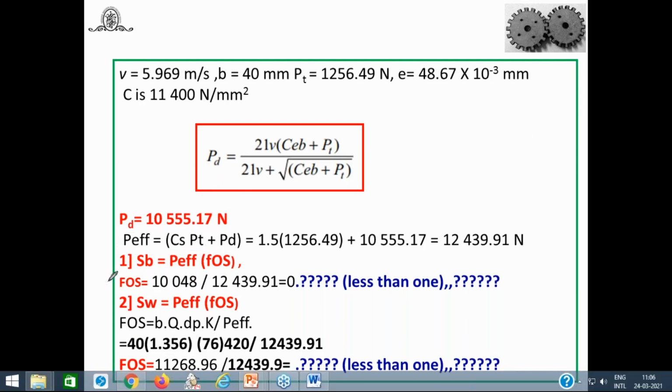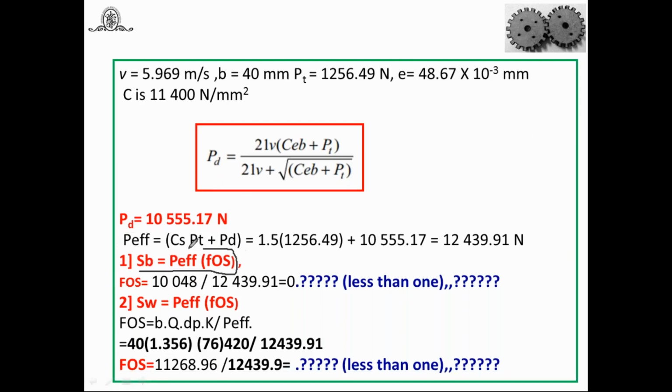I am going to check for SW. Look at this. SB is equal to P effective into FOS. You know very well this equation. So you can find out FOS, that is SB upon P effective is equal to FOS. What is the value of SB according to dynamic load?